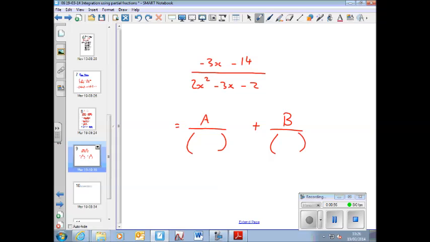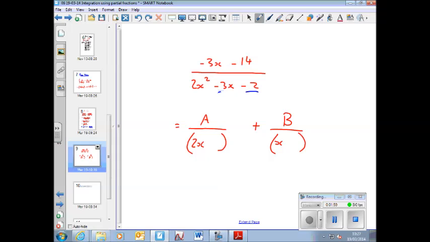These factors underneath are found by factorising that expression, that quadratic expression. The two factors, we have 2x and x in here, because remember we have to multiply out these brackets to get back to here. So 2x times x gives us our 2x squared term, and then it's a question of thinking of two numbers that I can multiply together to give minus 2 and add together to give minus 3.